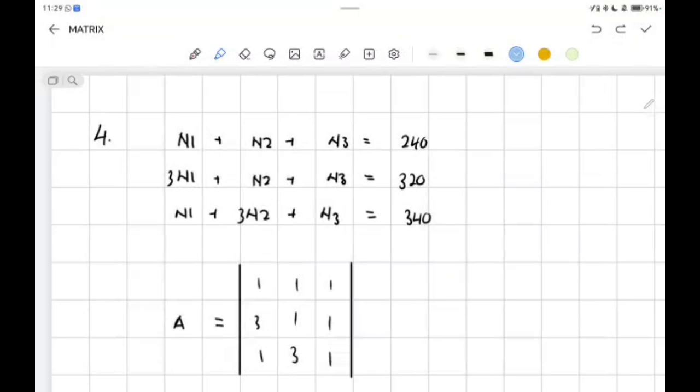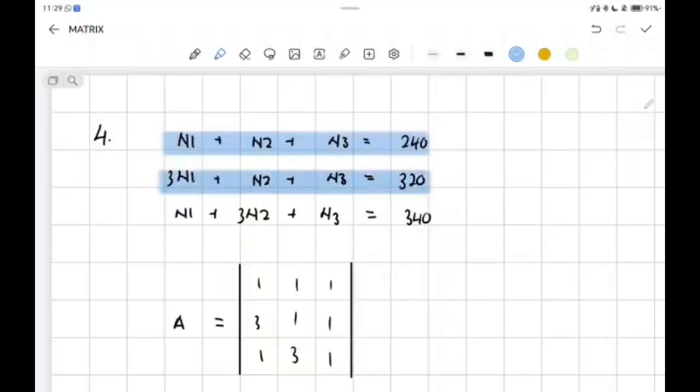For the first mix, we have n1 plus n2 plus n3 equals 240. Next, we have 3n1 plus n2 plus n3 equals 320. And the last one, we have n1 plus 3n2 plus n3 equals 340.